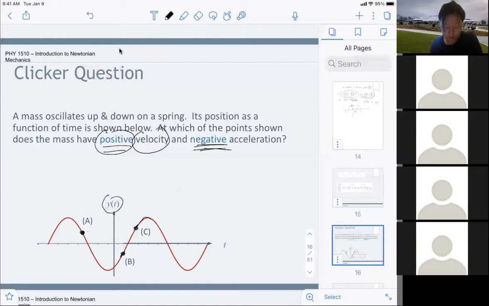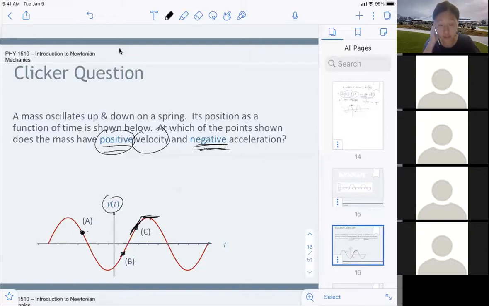So let's see if that would help. Here you have a slope, and later on your slope is becoming flat. So the slope is decreasing, meaning that whatever velocity is, your acceleration is in the opposite direction of your velocity, right?